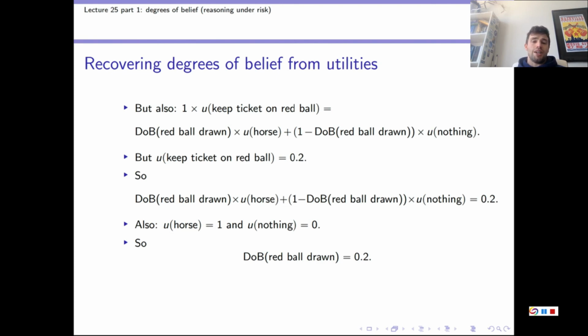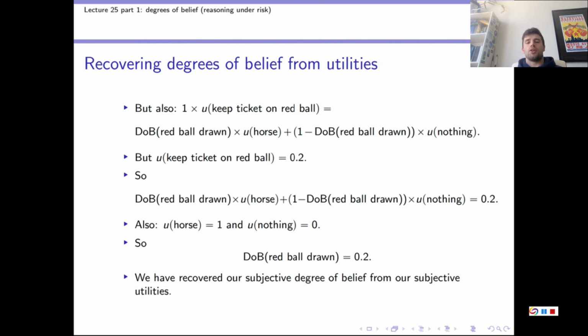And that says that my degree of belief in a red ball coming out of the bag is equal to 0.2. So we have recovered my degree of belief from my subjective utility here. And because the utility is subjective, we call this my subjective degree of belief in a red ball being drawn.